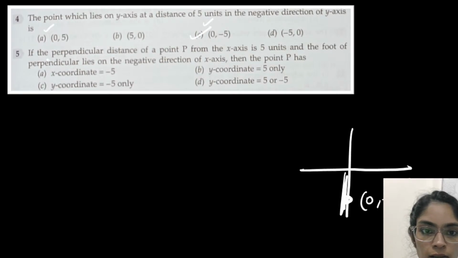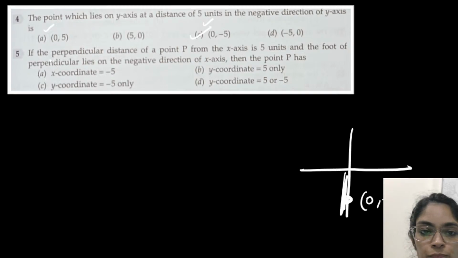So option C is the answer to the fourth question. Rishik, Shivani, Praveen, Tarunya, Sami and Tanushri have given the answer.